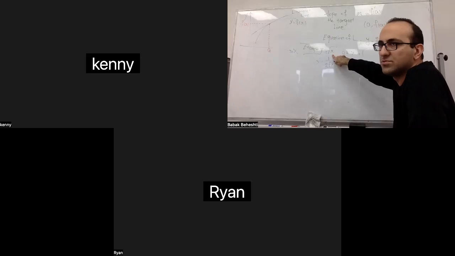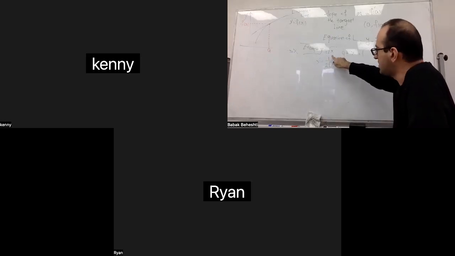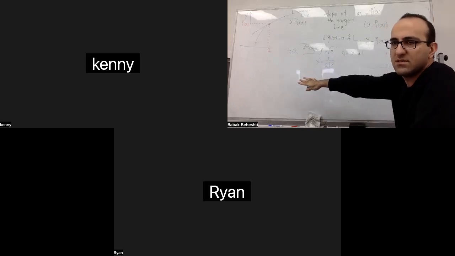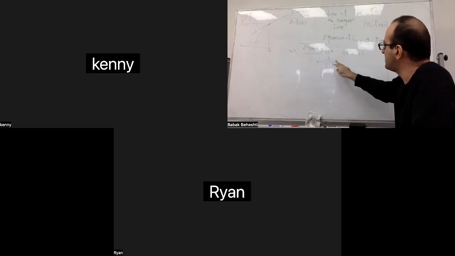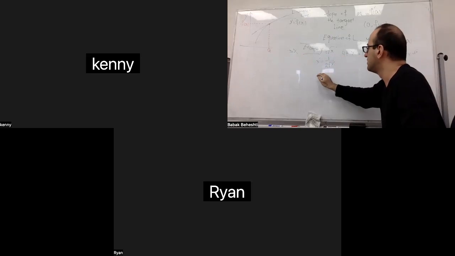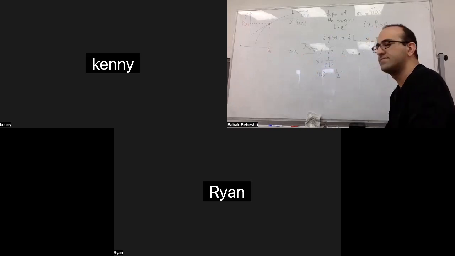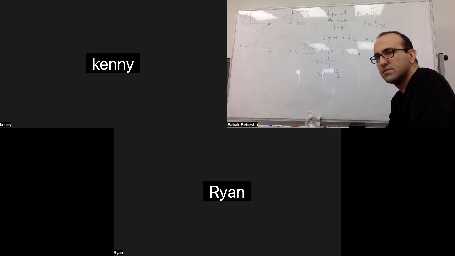So y equal to root x, y prime is 1 over 2 root x, right? We just discussed this. So what is the derivative at this point? So y prime at x equal to 1, y prime of 1 is 1/2, right?